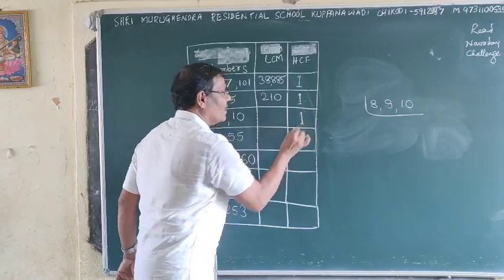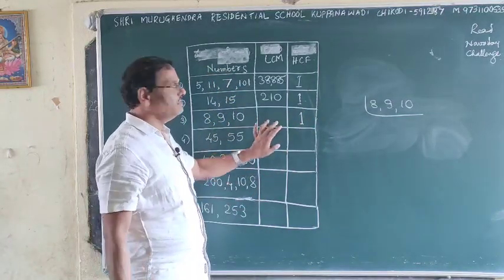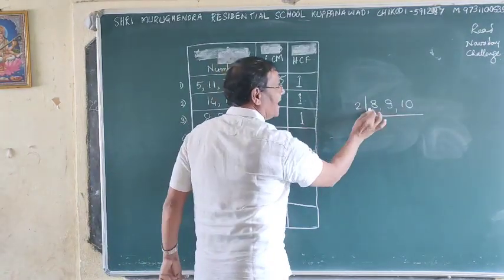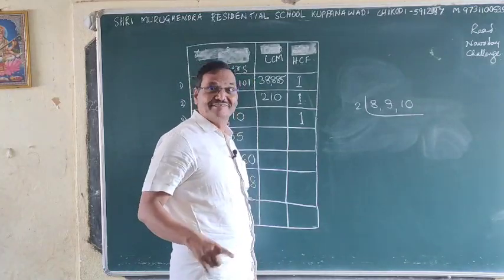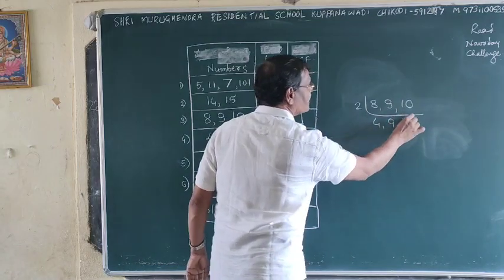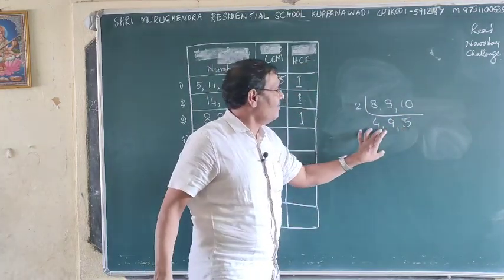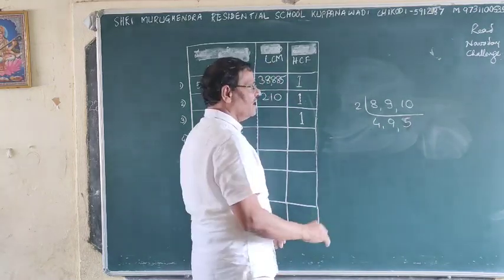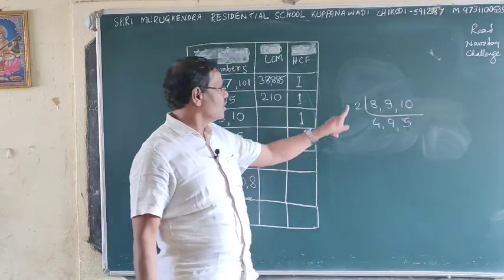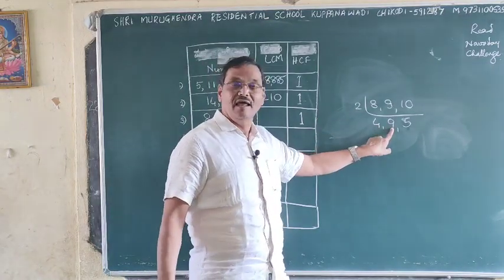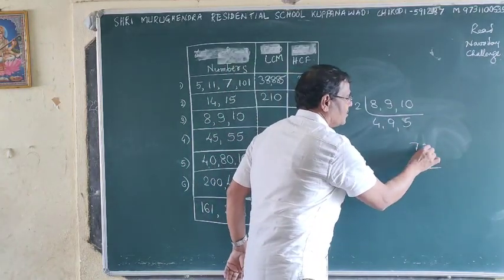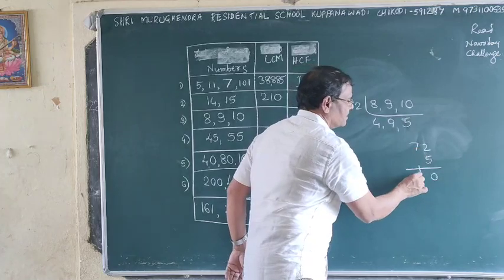So HCF is again 1, but for LCM I can't give you a guarantee. 2 and 8 and 10 are in the same table. Now we can multiply: 2 4s are 8, 8 9s are 72, 72 into 5 is 360.